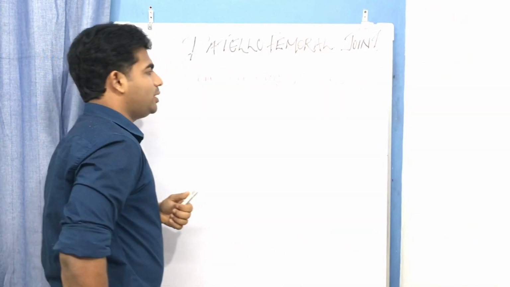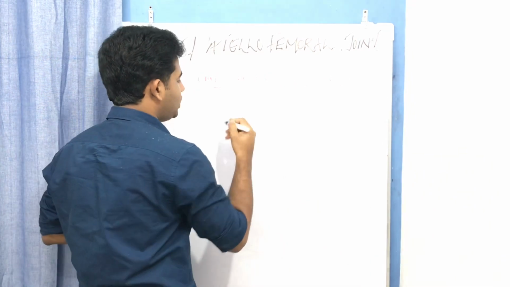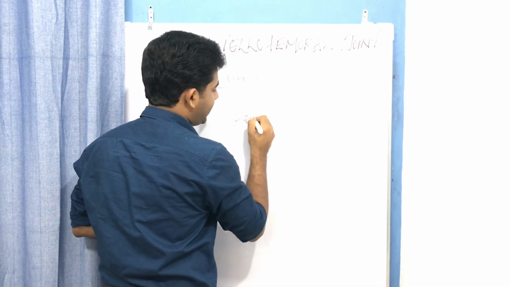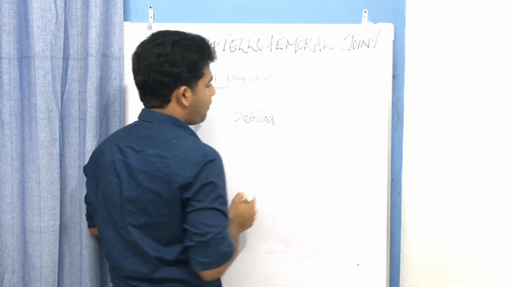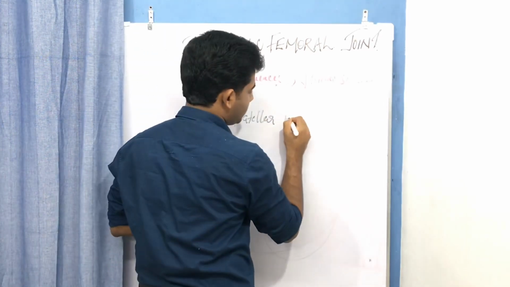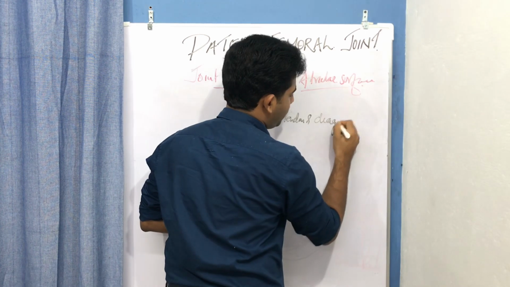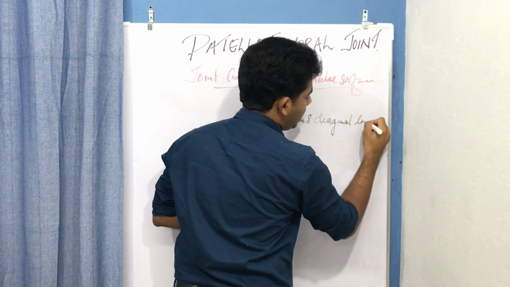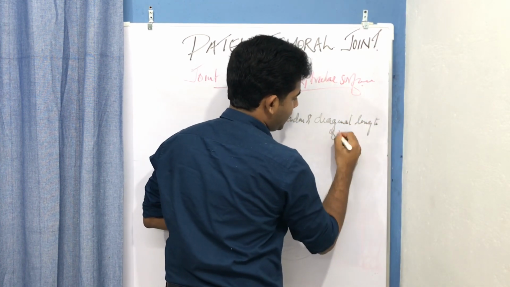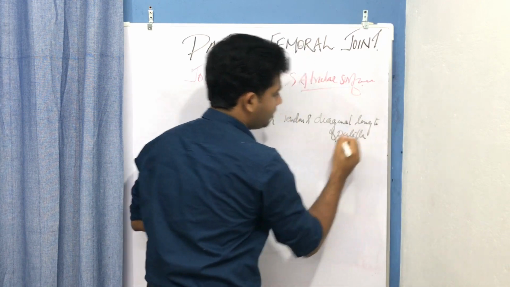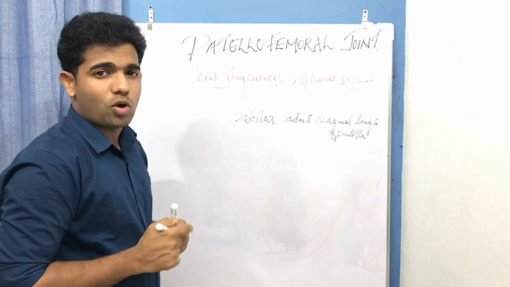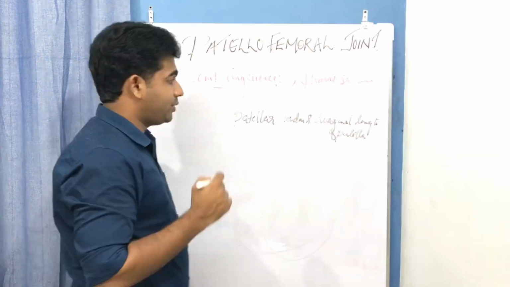And this length between the patellar tendon and the diagonal length of the patella is used to find out the position of the patella.